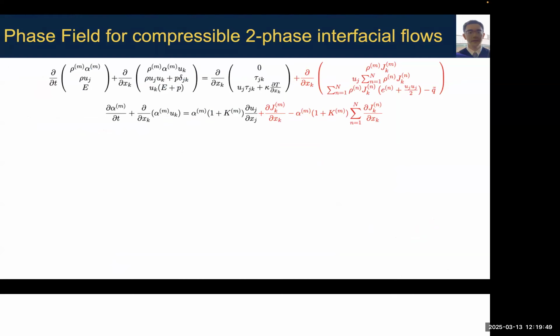To do this, I'll start with a phase field approach that we've been developing for compressible two-phase flows. As far as I know, this is the first such approach for compressible flows with shocks. What we're doing with the phase field is taking, for example, the model that I showed you before, and adding some terms that look kind of like diffusive fluxes.